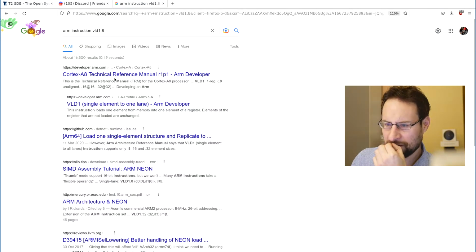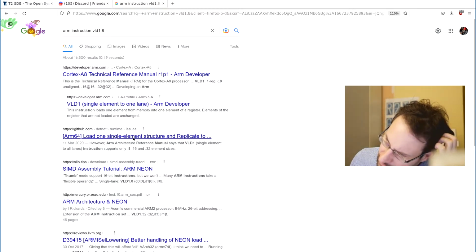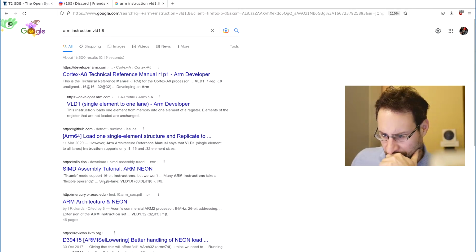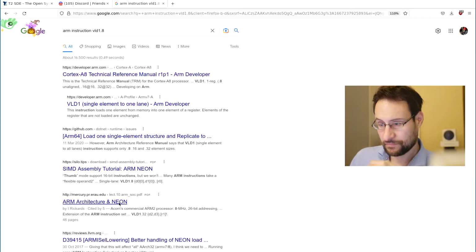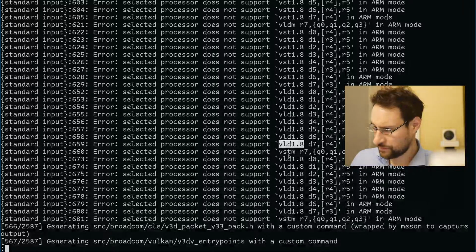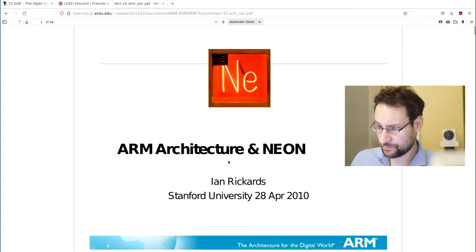Here is actually VLD18, single element in one lane, instructions that take flexible one single lane. VLD8, it looks like that, probably should be Neon, no?